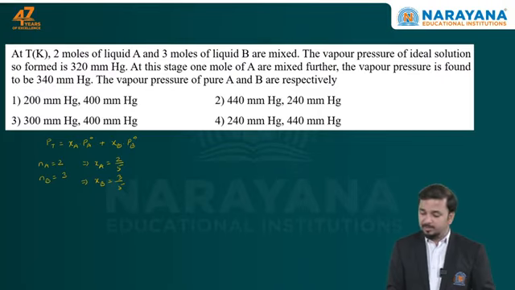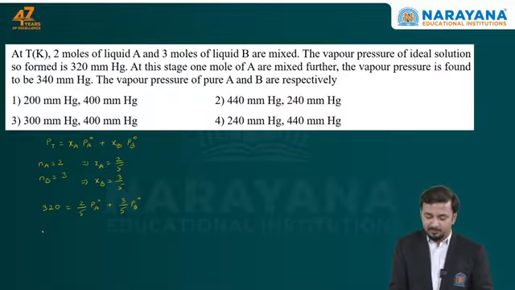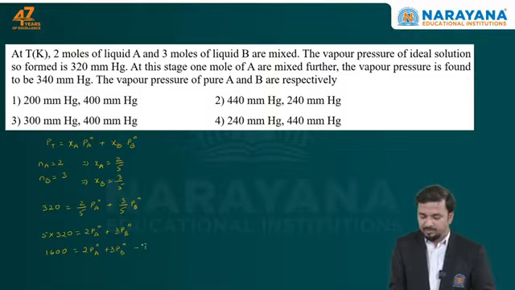Now if we substitute the information, we can write 320, which is total pressure, is equal to 2 by 5 times Pa naught plus 3 by 5 times Pb naught. So if I simplify this, we'll get 5 into 320, which is 1600, equal to 2 times Pa naught plus 3 times Pb naught. Let's say this is equation 1.